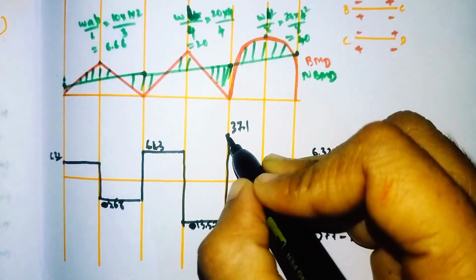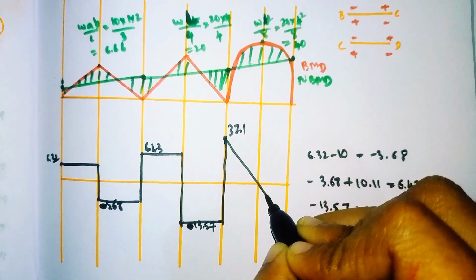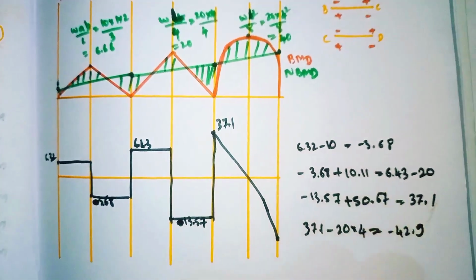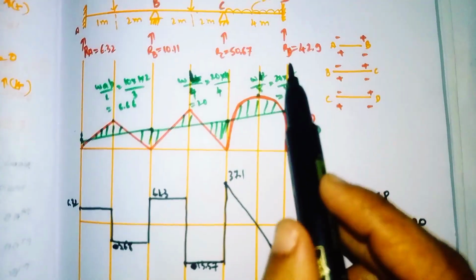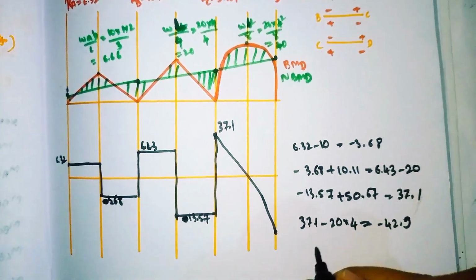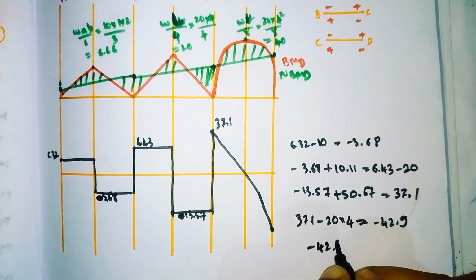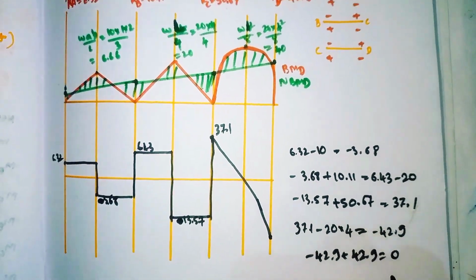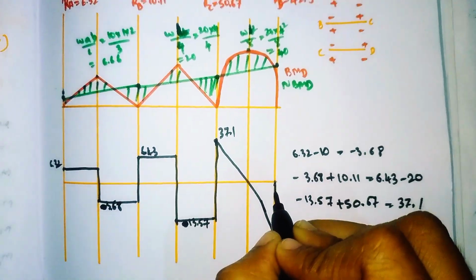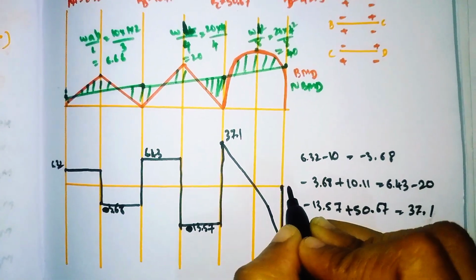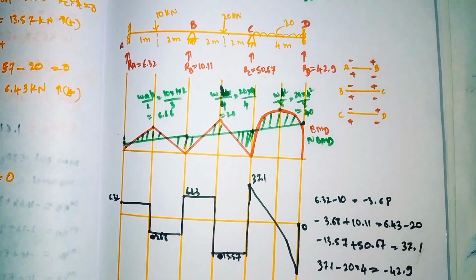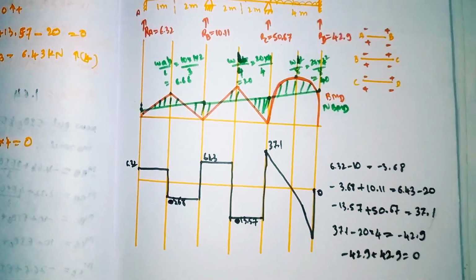So the graph will come like this. And again one reaction RD is acting here. We need to add: minus 42.9 plus 42.9 comes out as 0. Finally this will touch our axis. When the value comes to 0, it means whatever we have calculated till now is right.